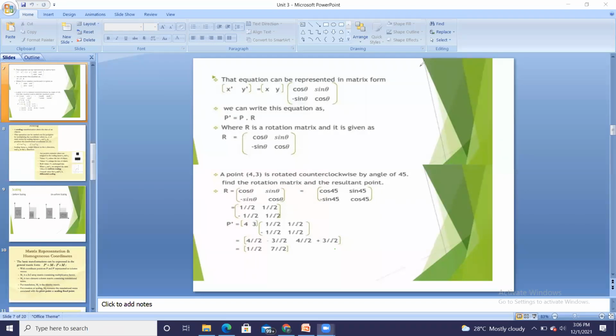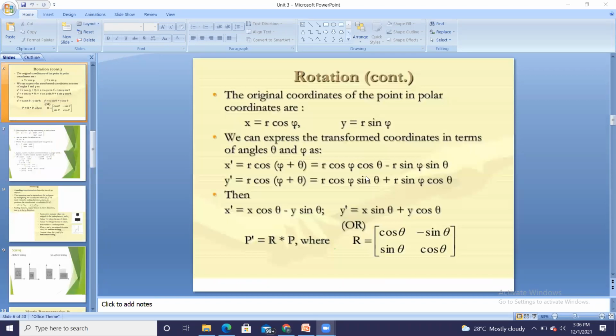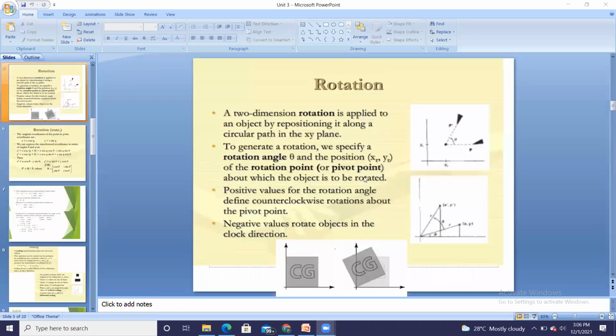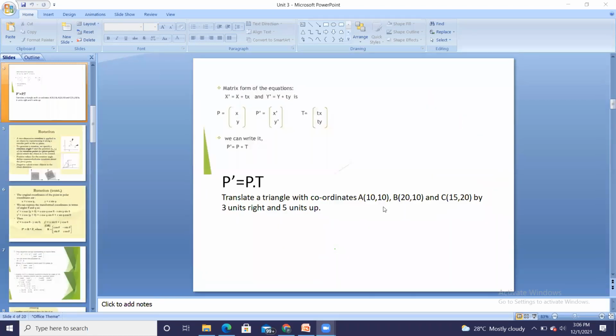Consider the earlier example only with a triangle. The triangle ABC is given: A (10, 10), B (20, 10), C (15, 20).